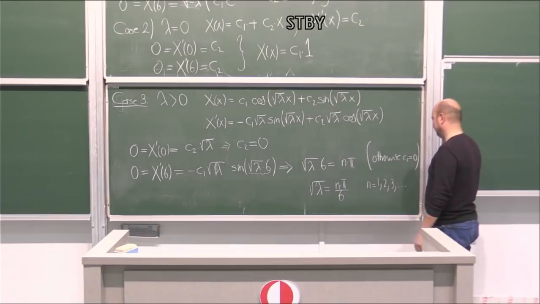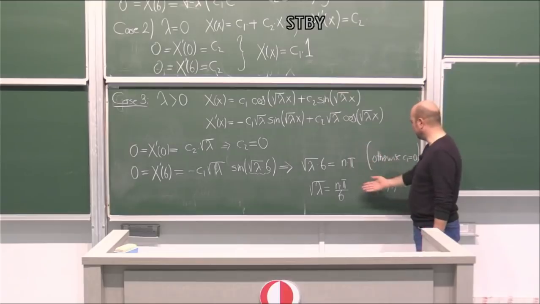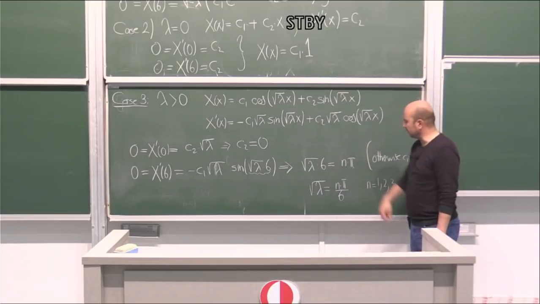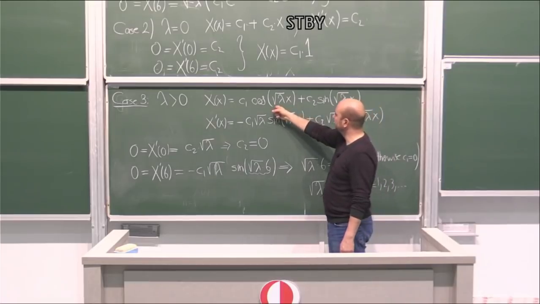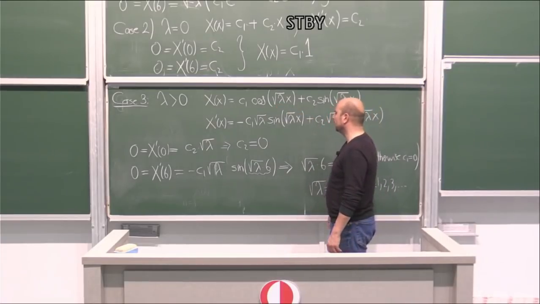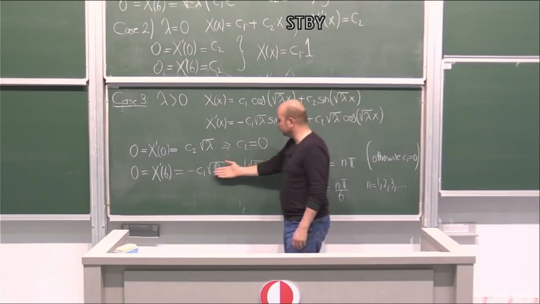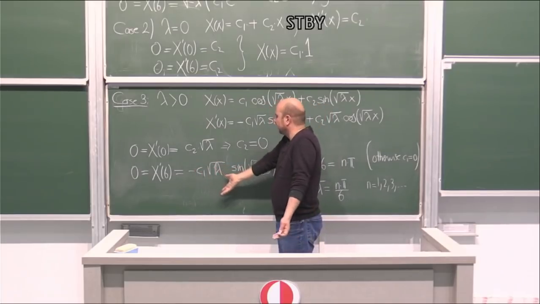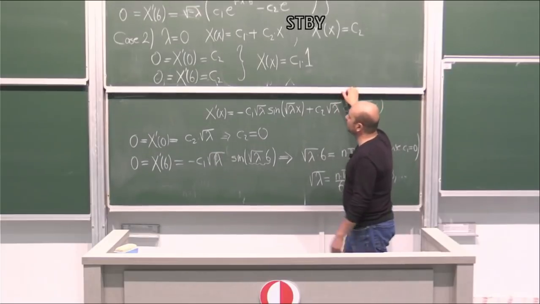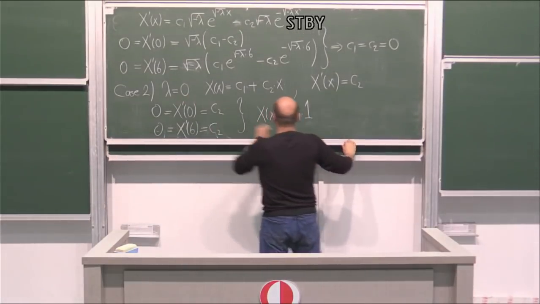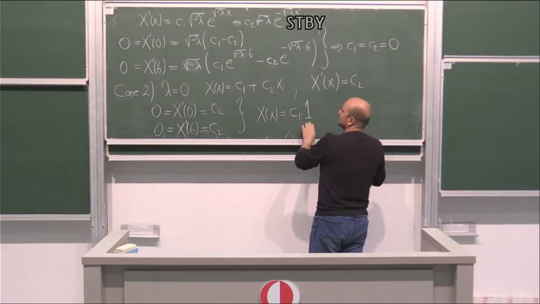Okay. So then what will we get? For these lambdas, we have just this part as the solution. Because if this is 0, then c1 can't be anything. And also for lambda equal to 0, we have this as the solution.